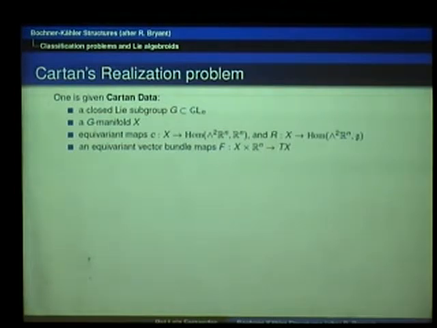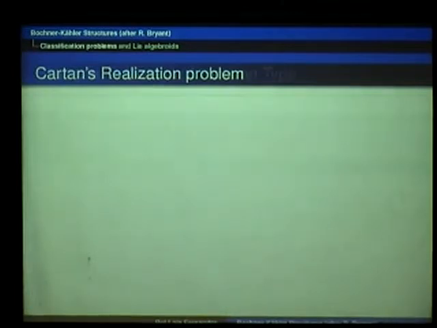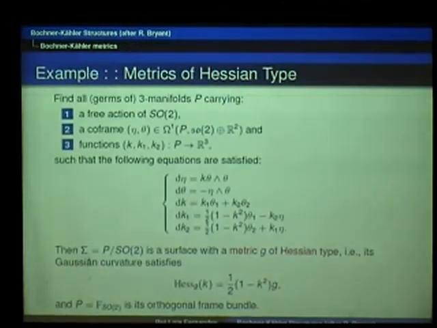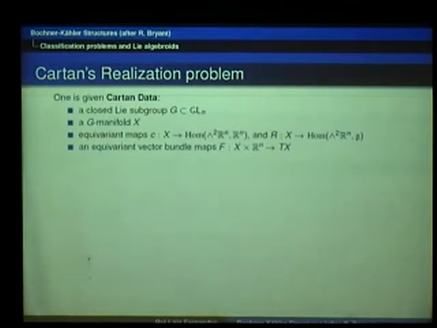So one has a closed subgroup of GL_n, G, a G-manifold X, and some equivariant maps C and R. These are maps defined on X, this G-manifold X, and which take values in these two things, which is exactly, well, let's move on and we'll come back to that. And an equivariant vector bundle map, which takes values in the tangent bundle of my manifold X.